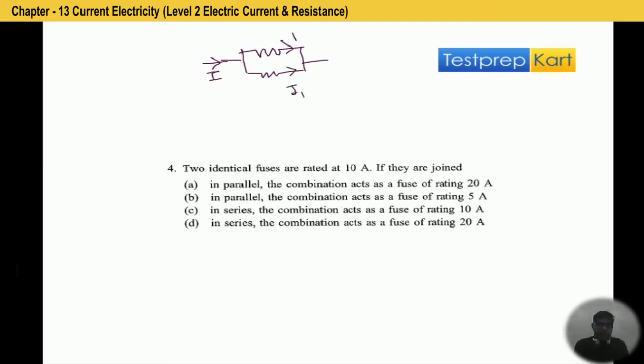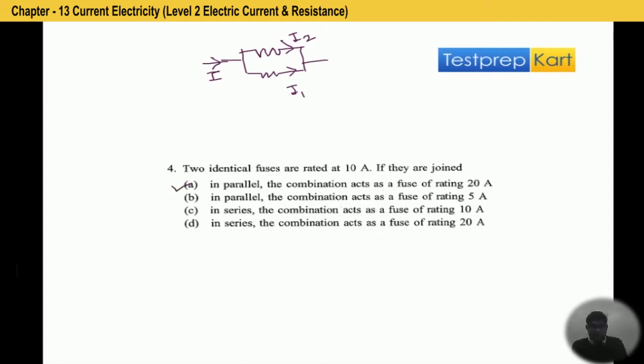I equals I1 plus I2. So one fuse can sustain 10 ampere current. If we connect them in parallel, then combined they can sustain 20 ampere of current. So option A is correct here.